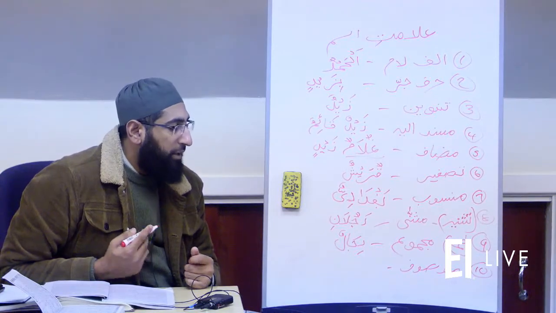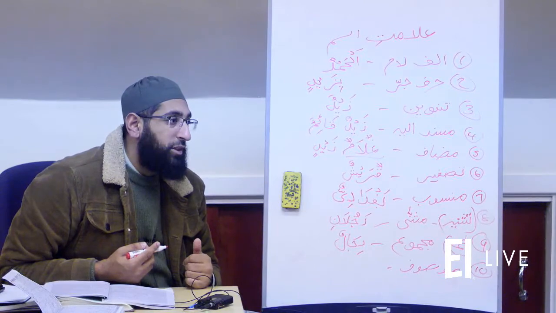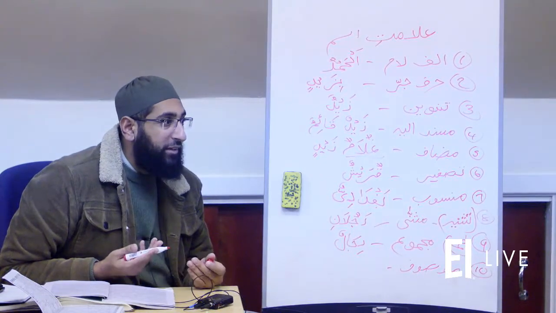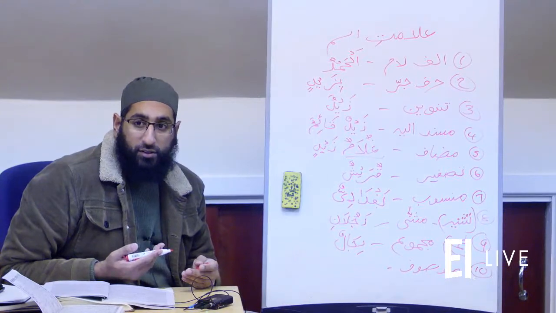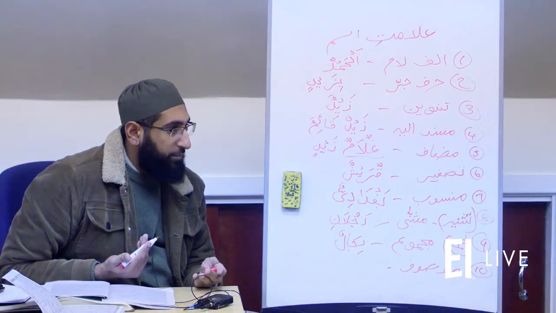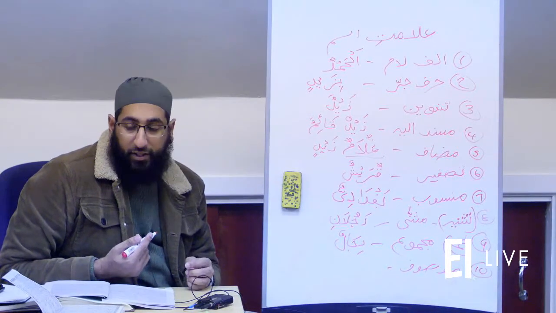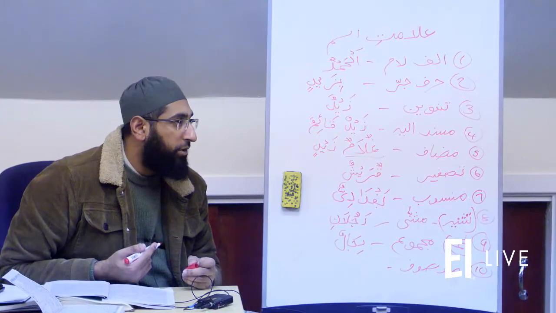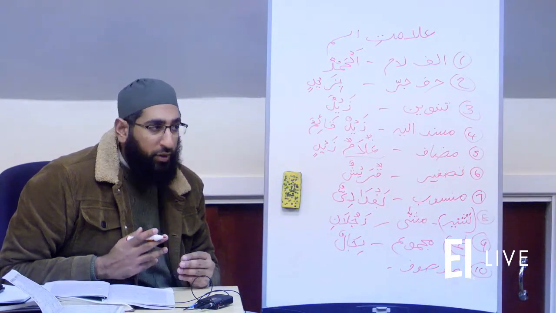But the mawsoof will always be an ism, because you can only attribute to what? An essence. Can you attribute a verb? No. So you can only attribute a thing, something. So it has to be a zat, an essence. So by default, the mawsoof is always an essence. Like rajulun alimun. Ja'a rajulun alimun. The man who is an alim came.